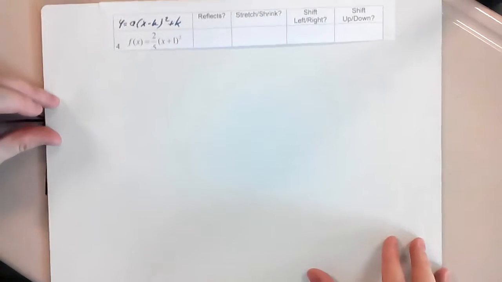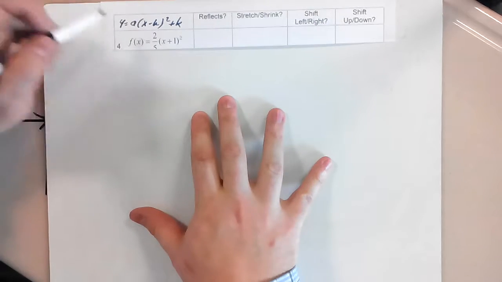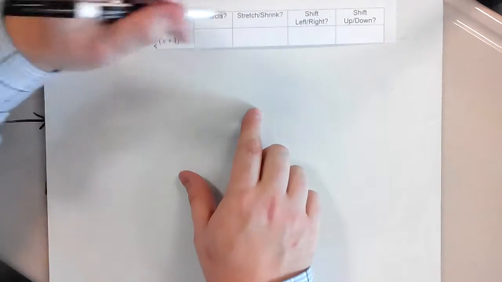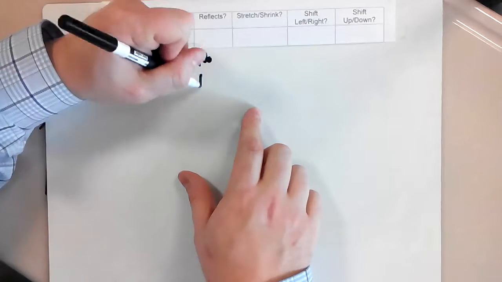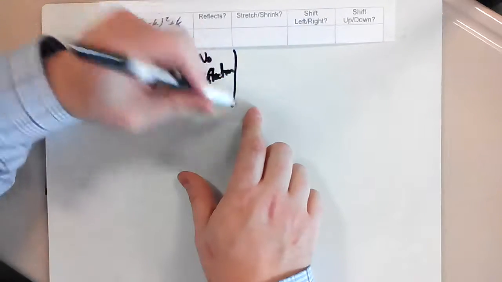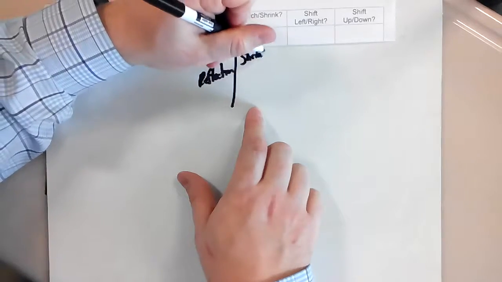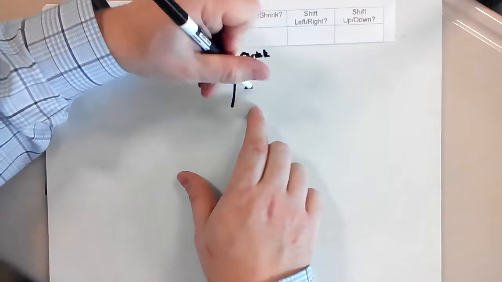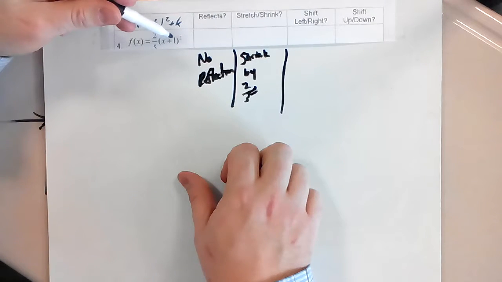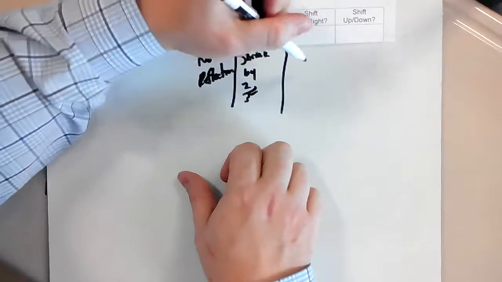There's this example. Can we see it? All right. A is 2/5. So we're going to have a shrink, but it's not negative, so it's not going to reflect. No reflection. 2/5 is a shrink, so we have a shrink by 2/5. And then I got +1 here, so we're shifting left.